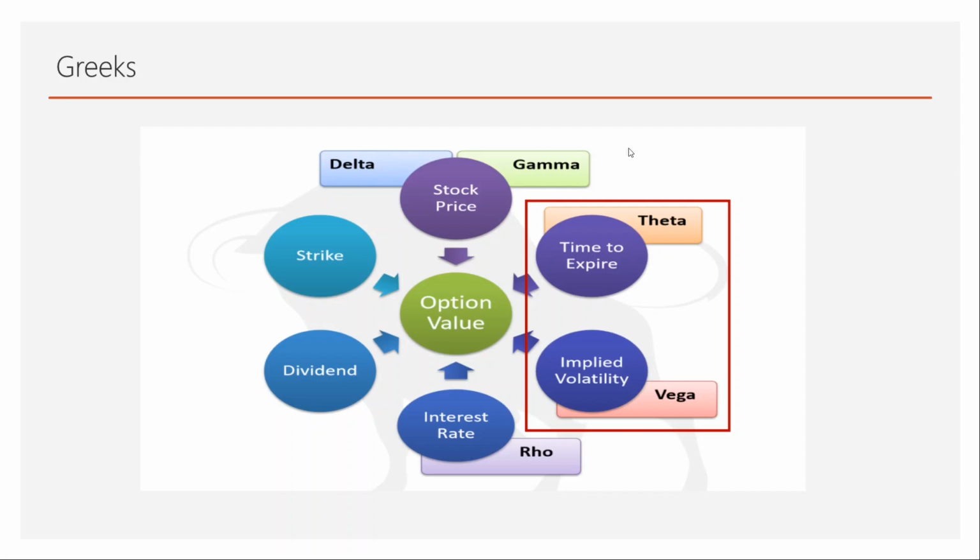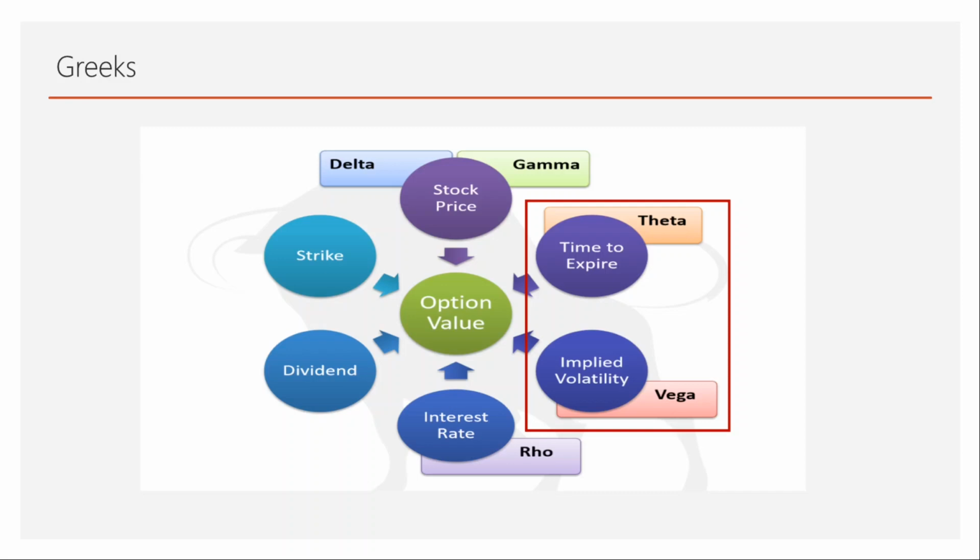Right? Today we are going to see theta and vega. Today theta and vega are our heroes. What is rho? Rho tells us the impact of interest rate on the option's price. So how frequently does the interest rate change? Very rarely, once a year or once in a few years.